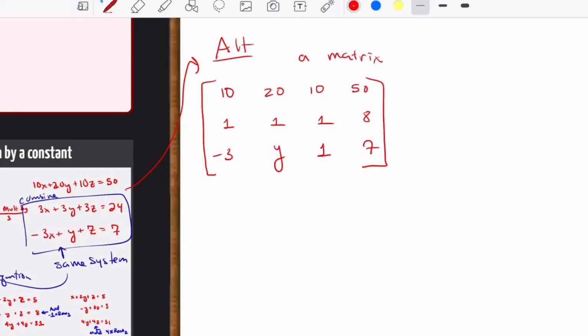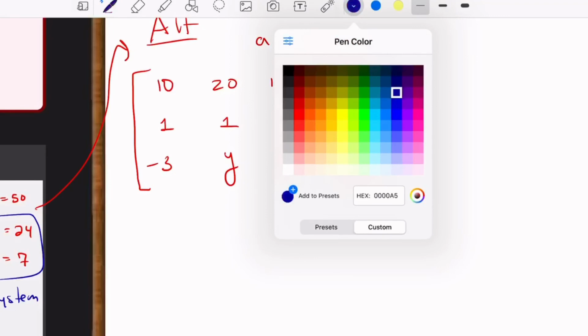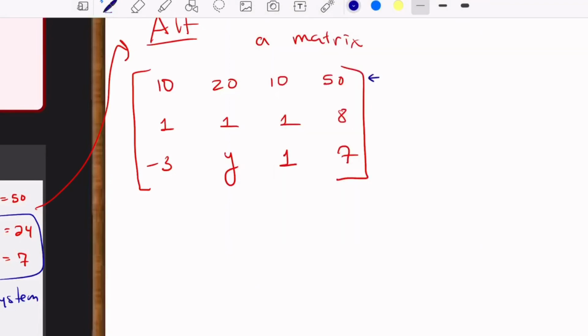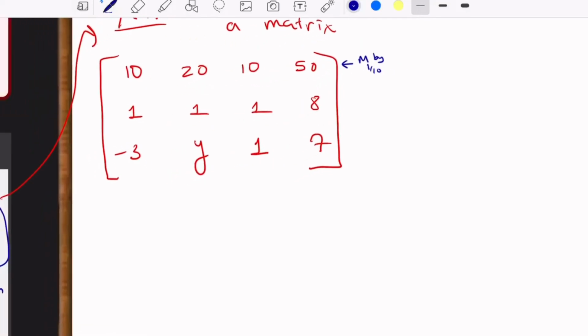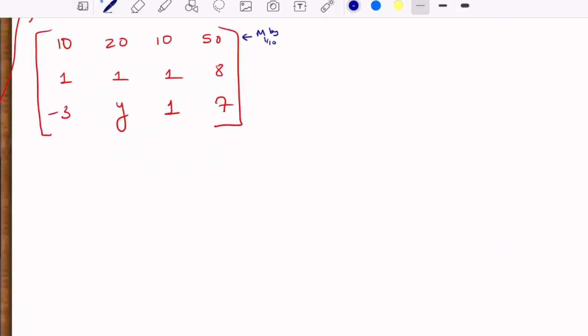All right, but I can carry on the same sort of operations here that I had before. For example, I could do an elementary row operation here of, say, multiplying this whole thing by 1/10, right? And that would give me the following matrix.